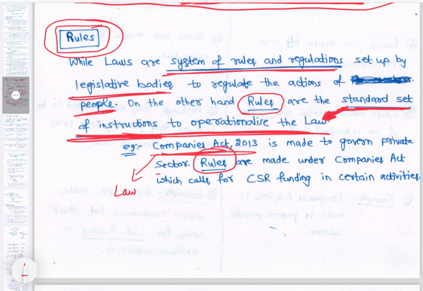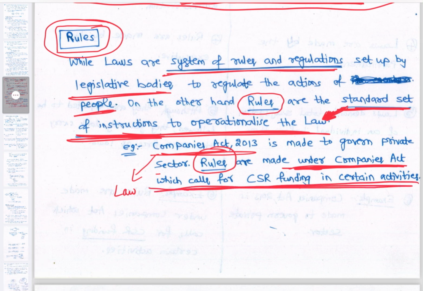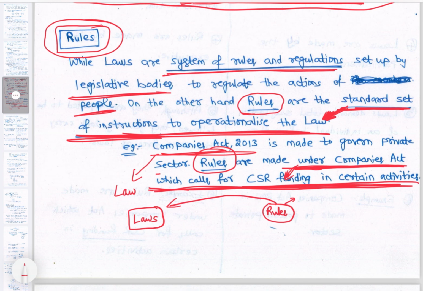Rules are made under the Companies Act, which calls for CSR funding in certain activities. For that, rules were made. So laws are basic frameworks: do this, don't do this, if you do this there is this punishment, and Parliament makes them. Now rules are made by the executive to better implement laws.